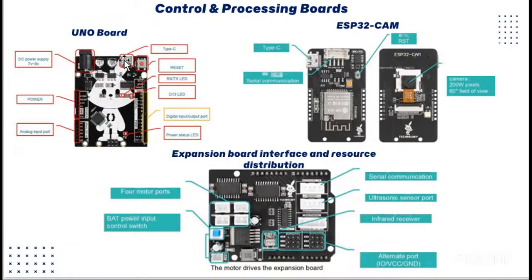Okay. Next, we are about to start and discuss the ESP32 CAM. What is the most important part to read or to understand about this one? First, we'll just use the Type-C port, which is the same as on the Arduino board.